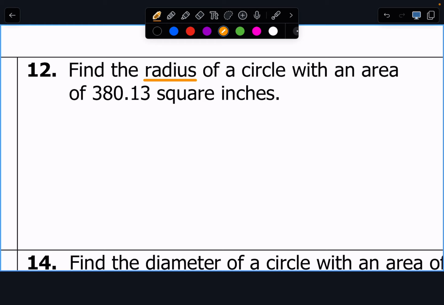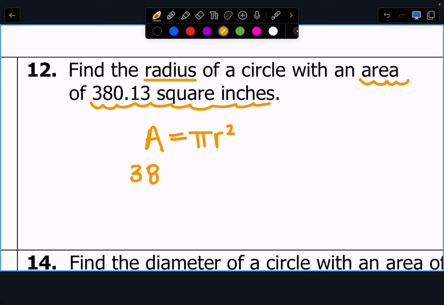The radius, we are finding it when we know the area is blah, blah, blah square inches. So we know area is pi r squared, right? So we have 380.13 equals pi r squared. What should we do first? Let's divide by pi.